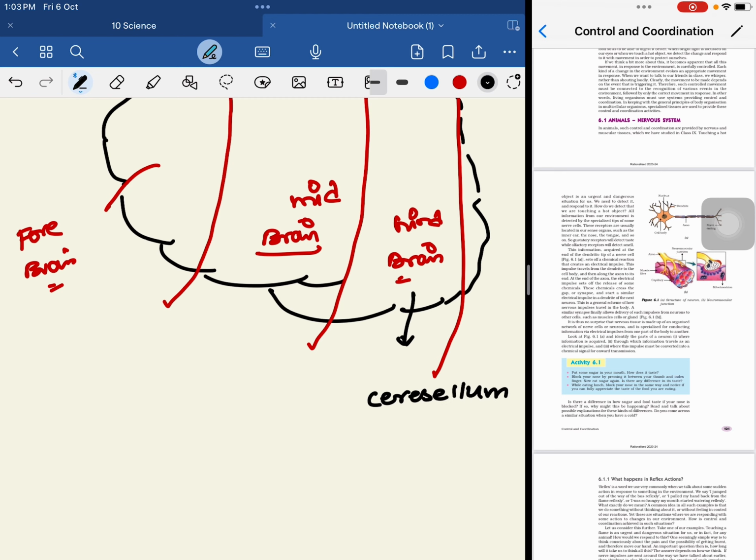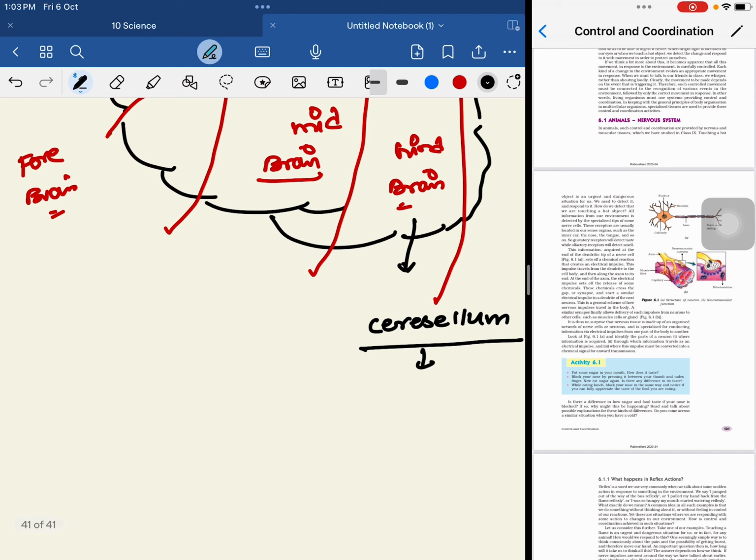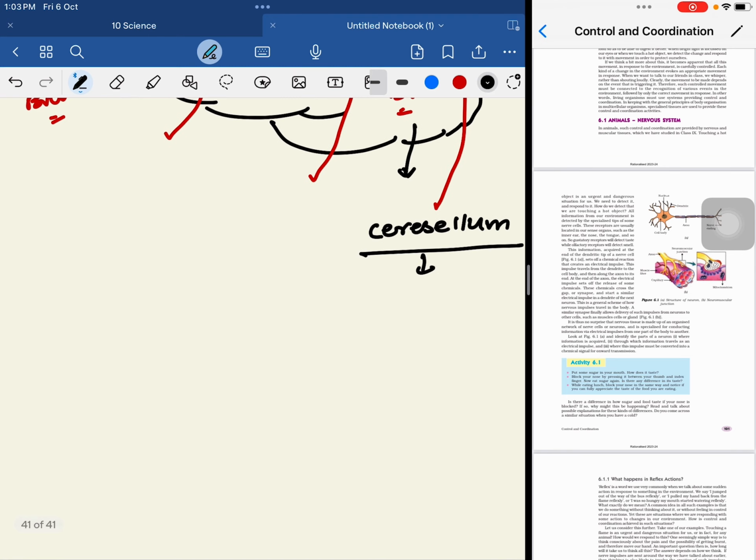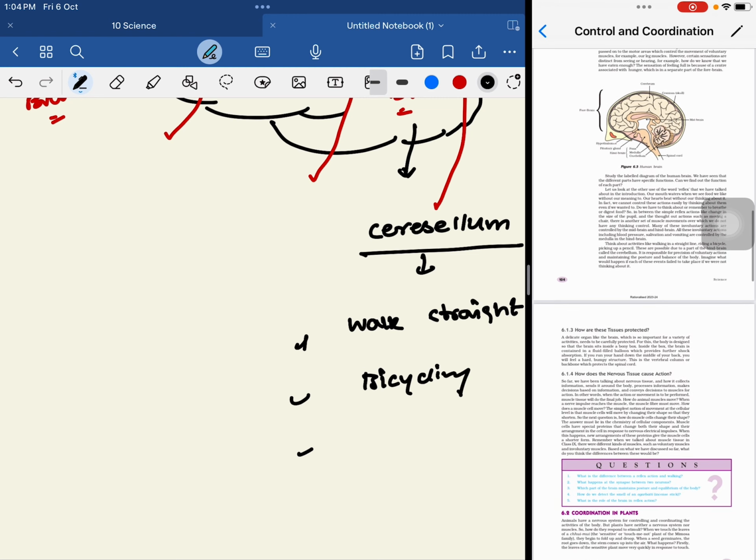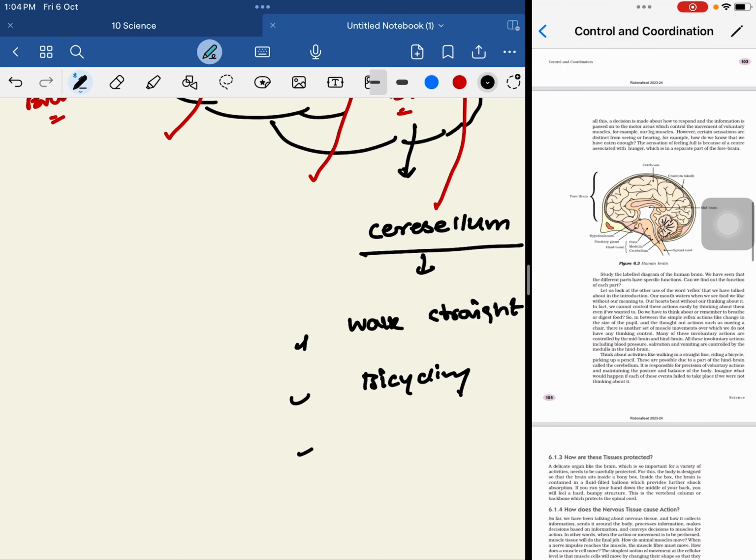Cerebellum is mainly used if you want to walk straight, or ride a bicycle, or maintain an erect and straight posture.